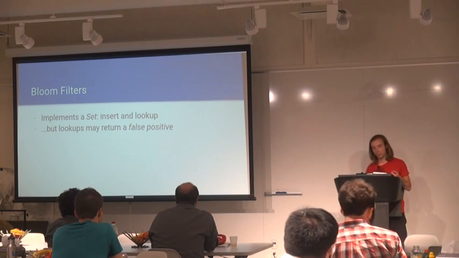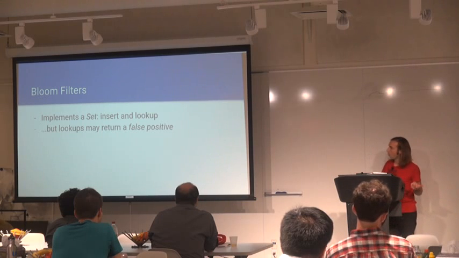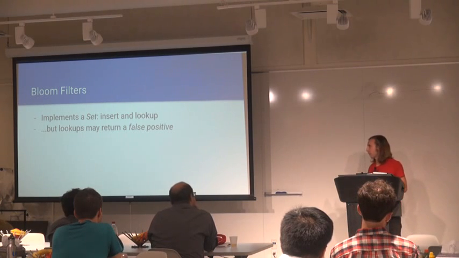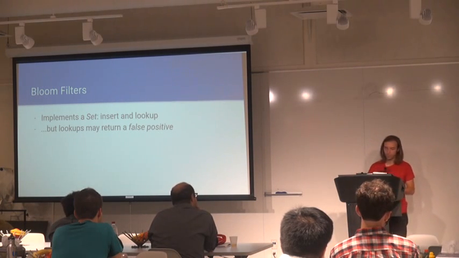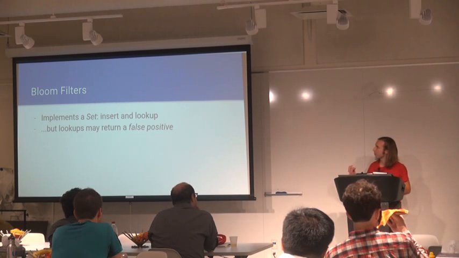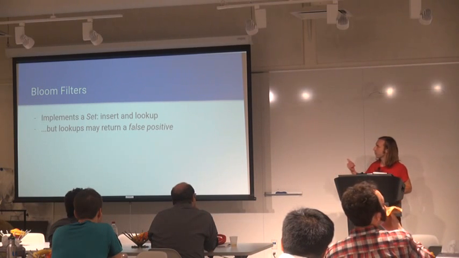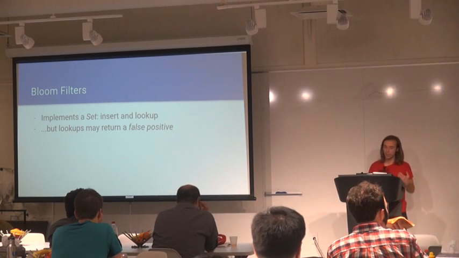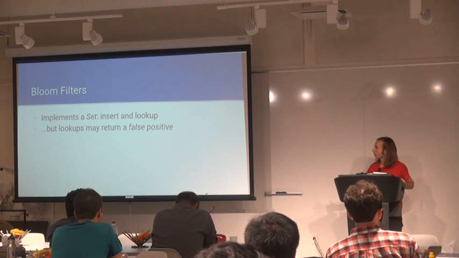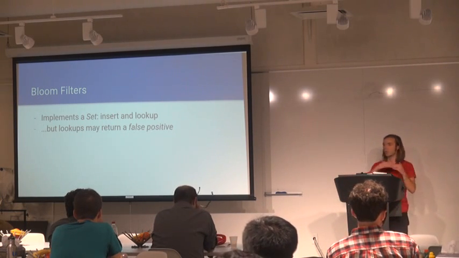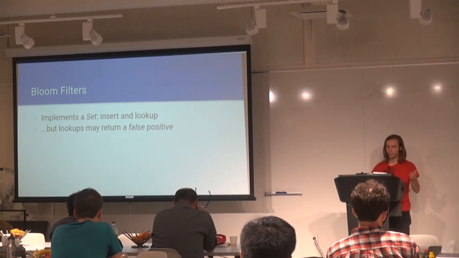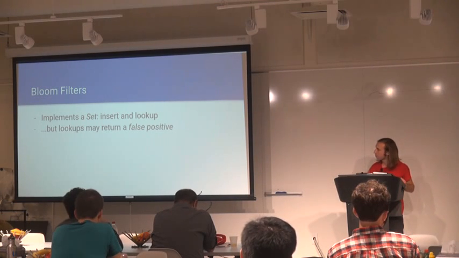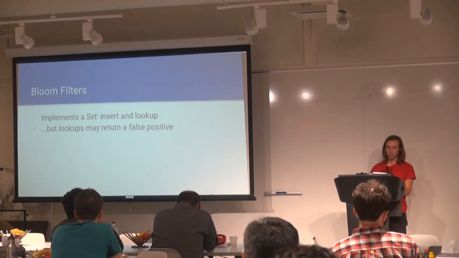And it can answer certainly not, or probably yes, or maybe yes. So a lot of the scholarship that has gone into studying bloom filters, the papers and stuff, are about determining for which parameters how the false positive rate changes and stuff like that. But they're pretty simple to understand, as you'll hopefully see.